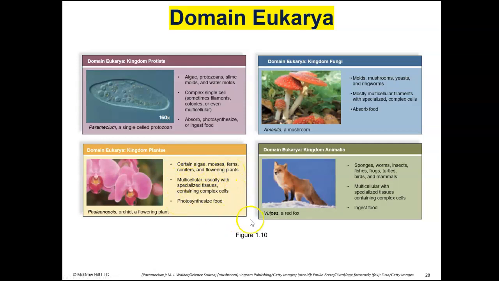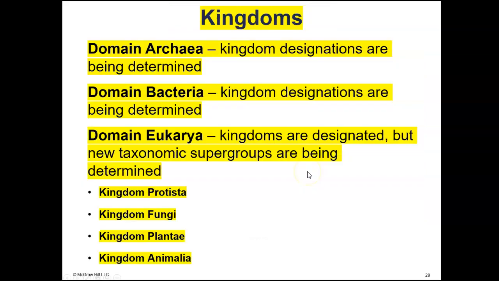Plants are multicellular, and their cells are capable of photosynthesis. And you have the kingdom Animalia, which includes sponges, worms, insects, fishes, frogs, turtles, birds, and mammals. All of the members of the kingdom Animalia are multicellular, and they ingest their food. You see a picture of a red fox here.